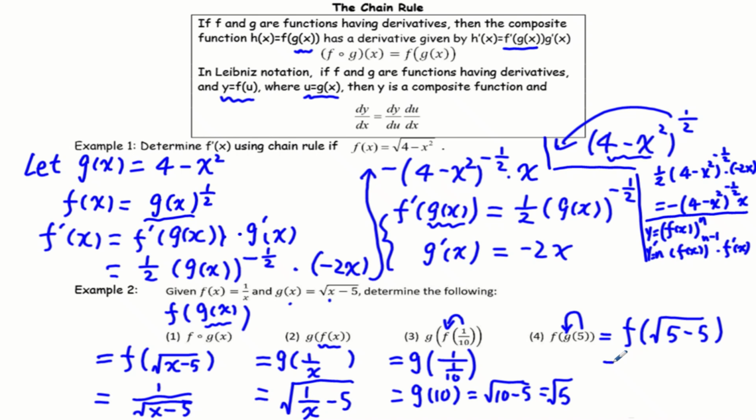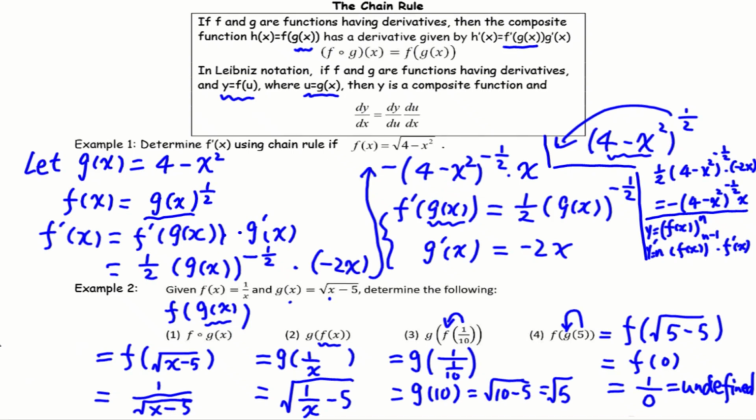Then do the calculation, we have f of 0. Then we sub 0 into the function f of x, we have 1 divided by 0. We know this is undefined. So this number doesn't exist. So this is practice with function notation, because we need this input output for the chain rule. We have so many inputs and outputs.